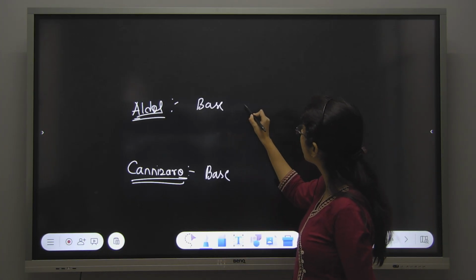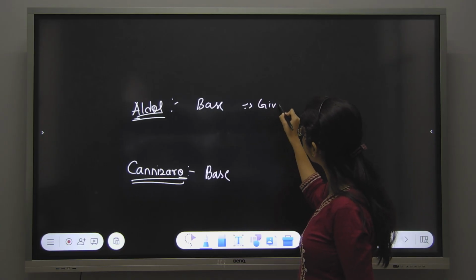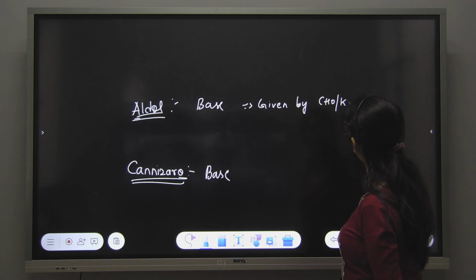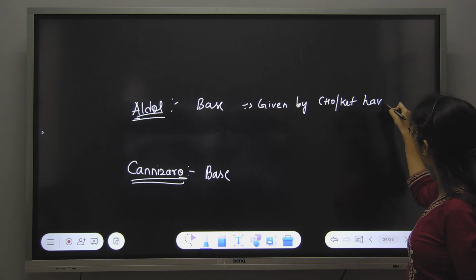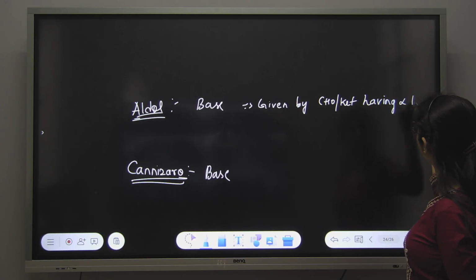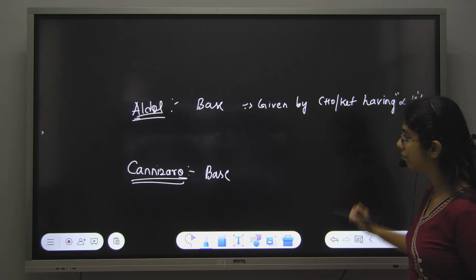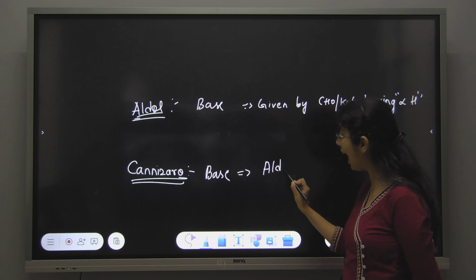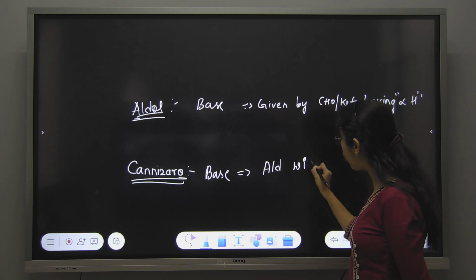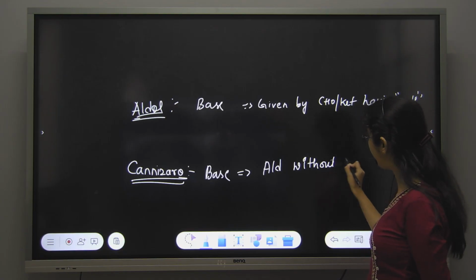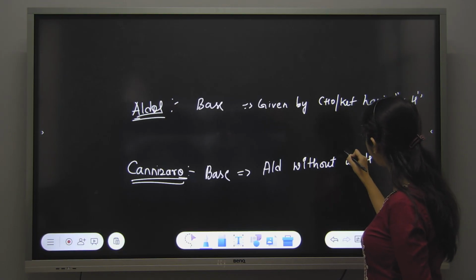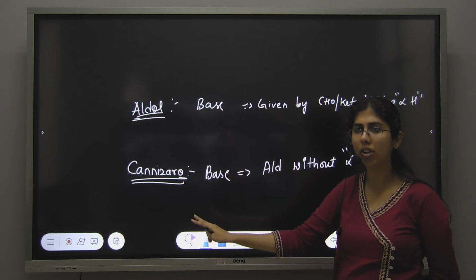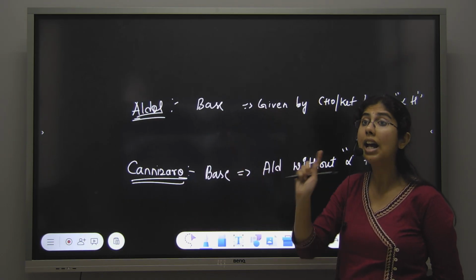But the aldol reaction is given by aldehyde or ketone having alpha hydrogen, and Cannizzaro is given only by aldehyde without alpha hydrogen. So we have to discuss two reactions, aldol and Cannizzaro reaction, very very important.